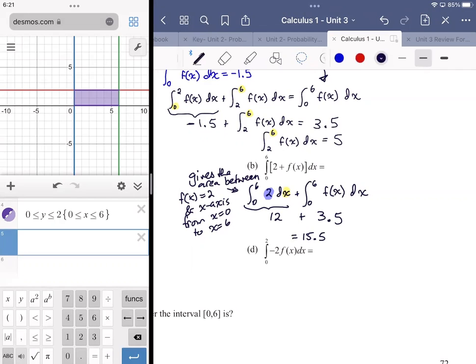So for a constant function that I'll call f of x equals c, if we're integrating over the interval of a to b, the result is just going to be the difference between b and a times c.